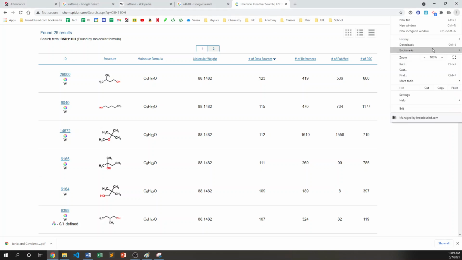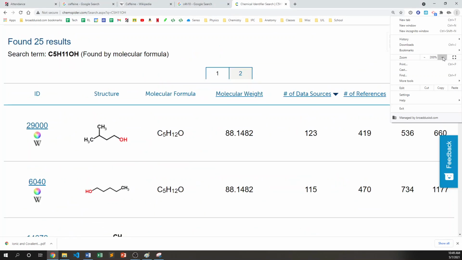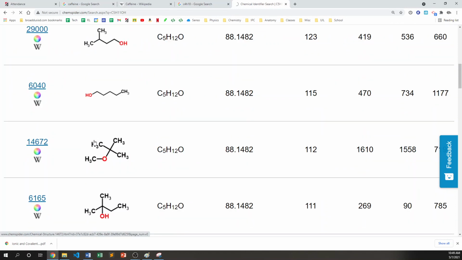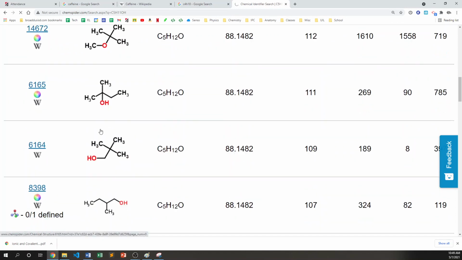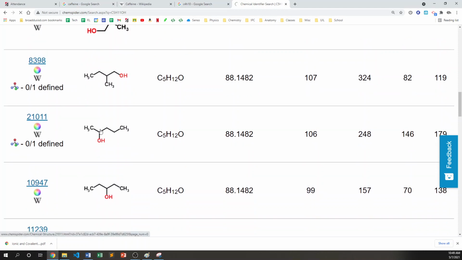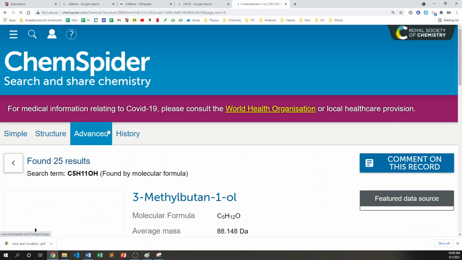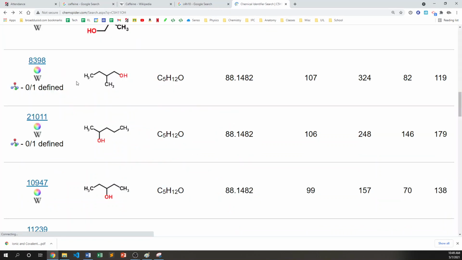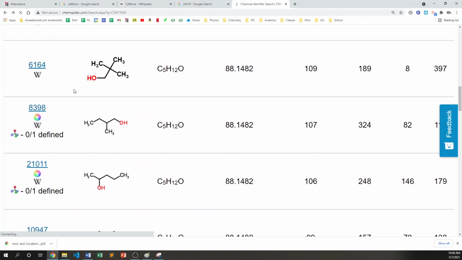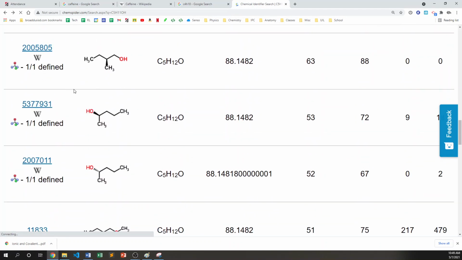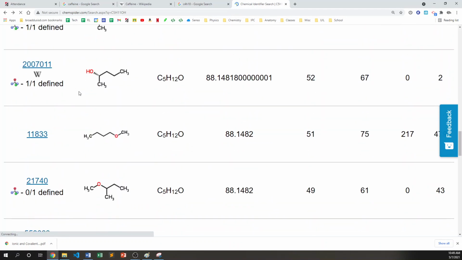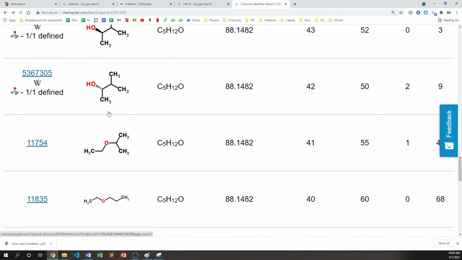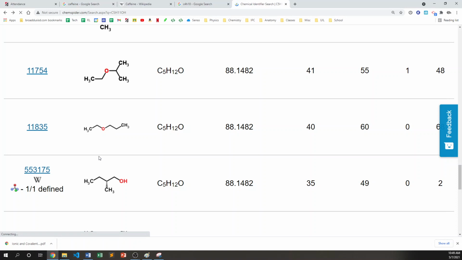Let's look. So here's a list of possible formulas. Are molecules the same? Do they look the same? They're all different. There are actually 25 different molecules. Maybe, I don't know. Some of these could be duplicates. That share that common formula.